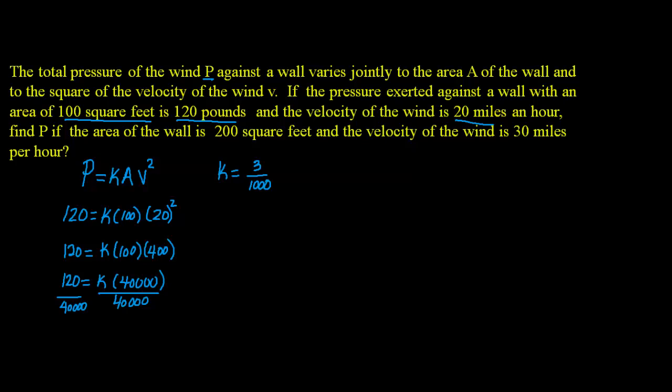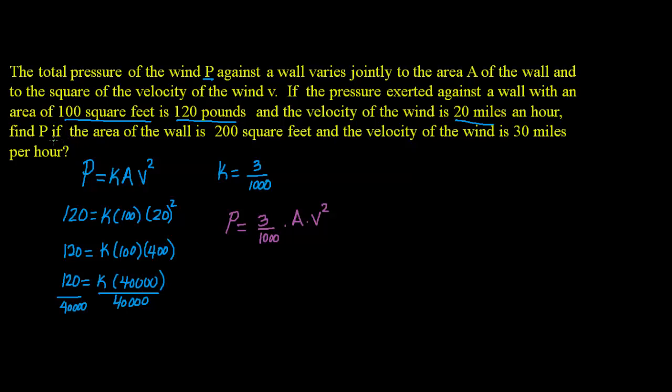So I can go ahead and write my mathematical model, which would be P is equal to 3 over 1,000, that's your K, times A times V squared. And there's your model.